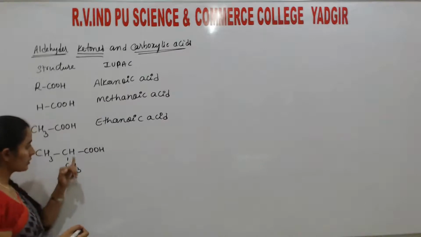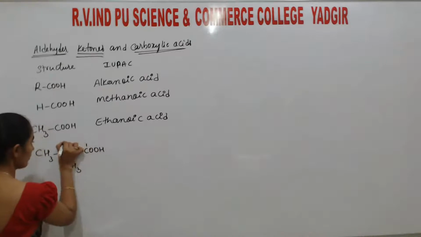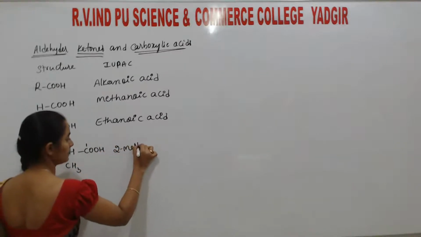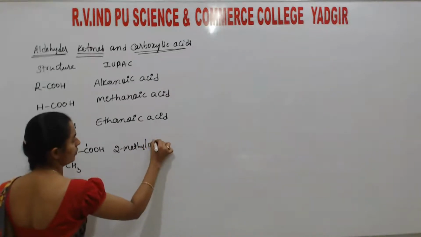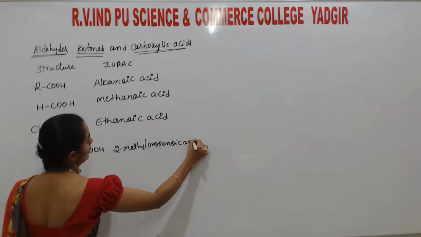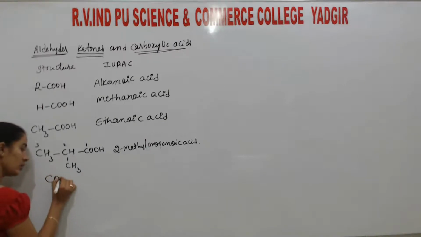A substituent is there. This is the functional group, and preference is given to this group. So that is 2-methyl propanoic acid. 2-methyl propanoic acid.